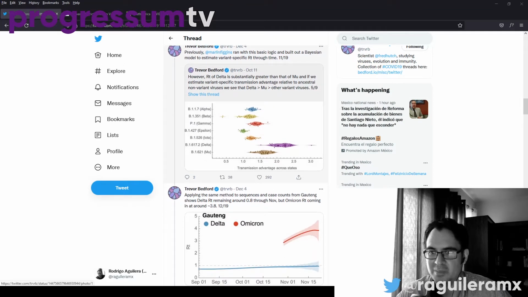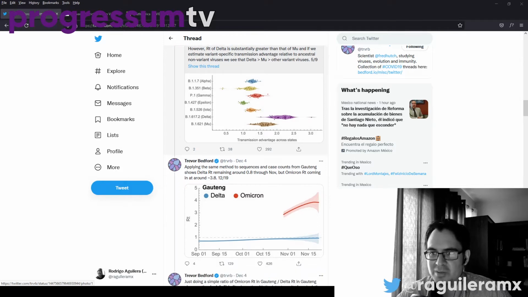Different studies say different things, but roughly speaking, the R naught of Delta, the consensus is that it's around 6. Whereas the ancestral strain of COVID was close to 3, so 2.5-ish.